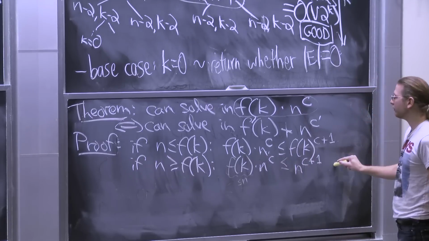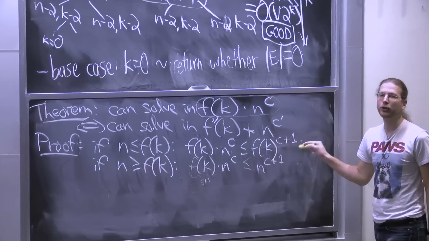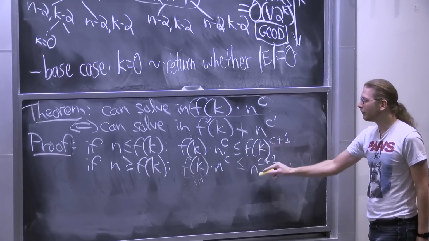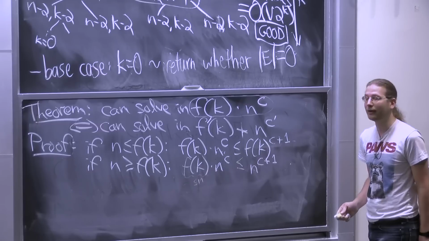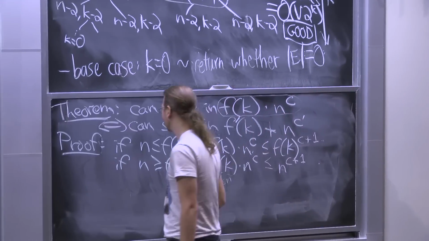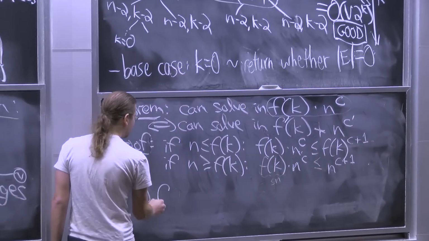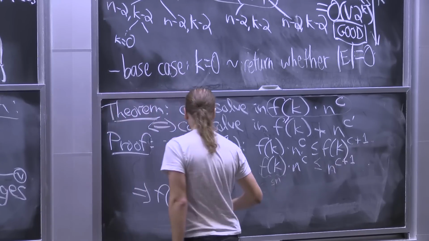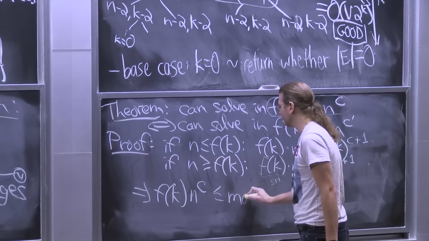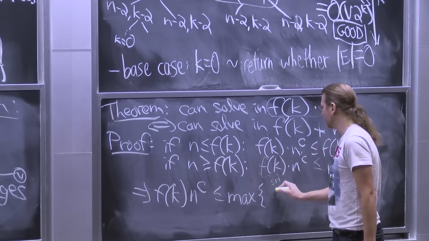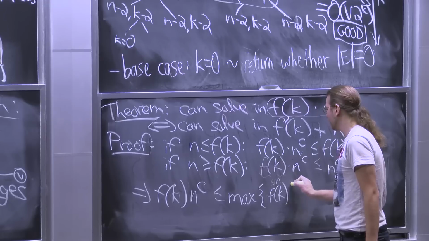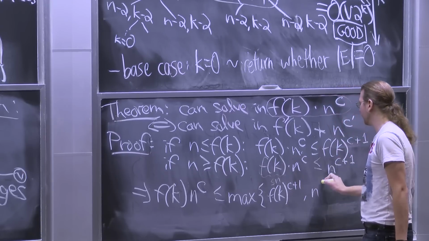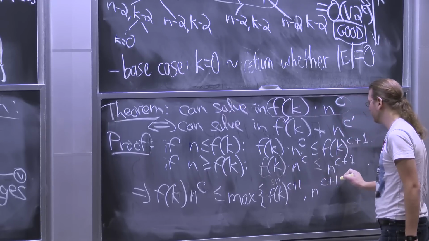Okay, so really I have two scenarios. Either I'm bounded by some purely function of k, or I'm bounded by some purely polynomial of n, which means in both cases, the running time f of k times n to the c is bounded above by the max of those two things. Max of f of k to the c plus 1, n to the c plus 1.